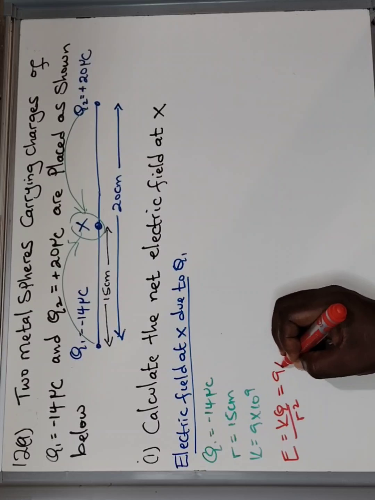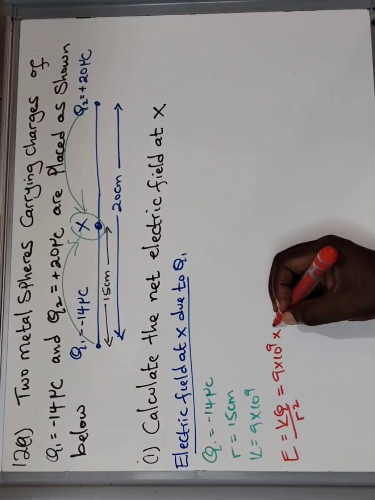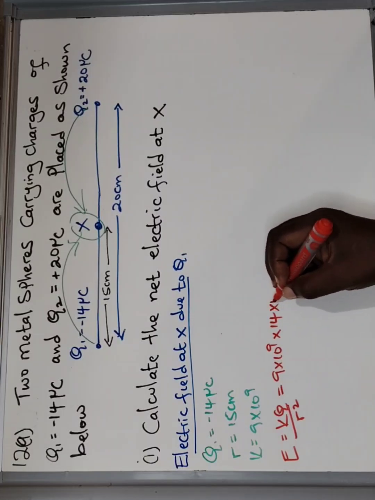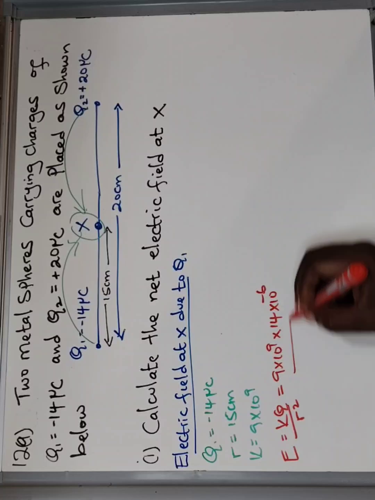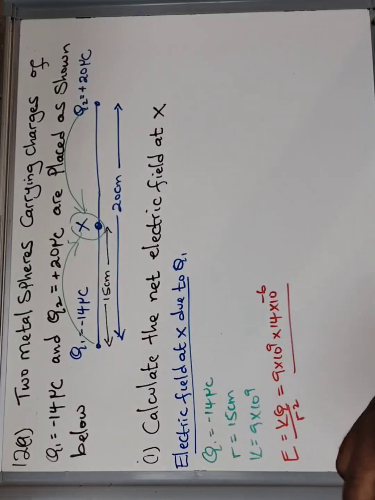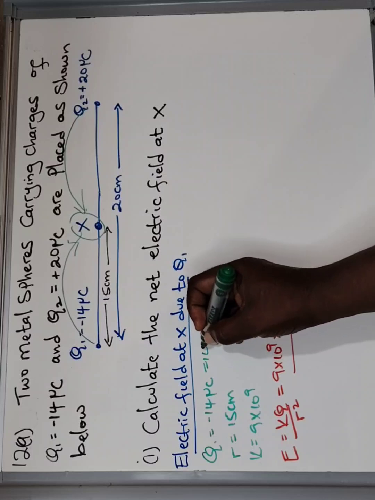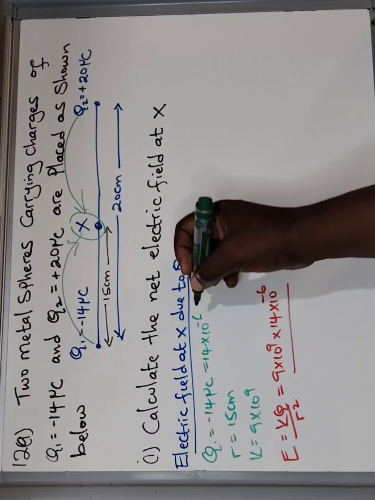K is 9 times 10 power 9, and Q is 14 times 10 power minus 6. Yes, these were supposed to be put in SI units, which is 14 times 10 power minus 6.